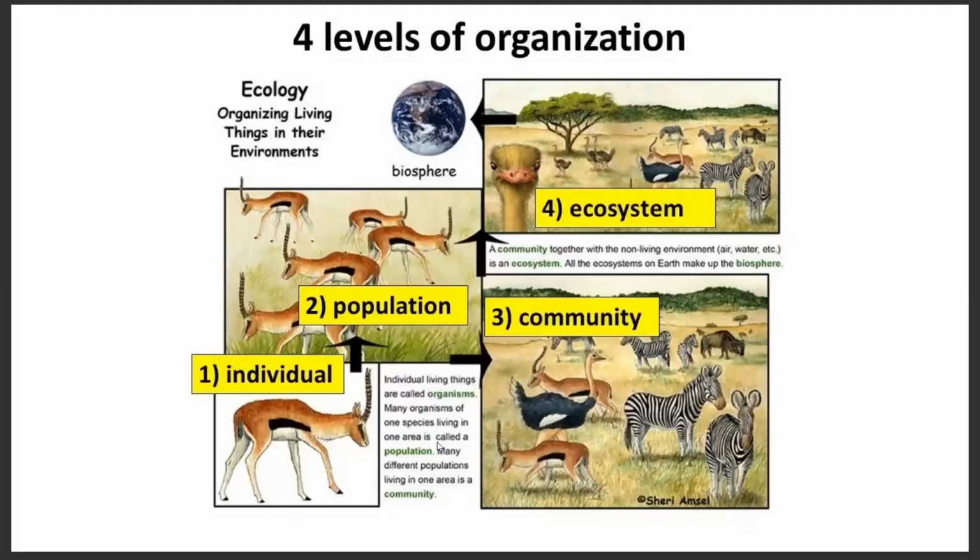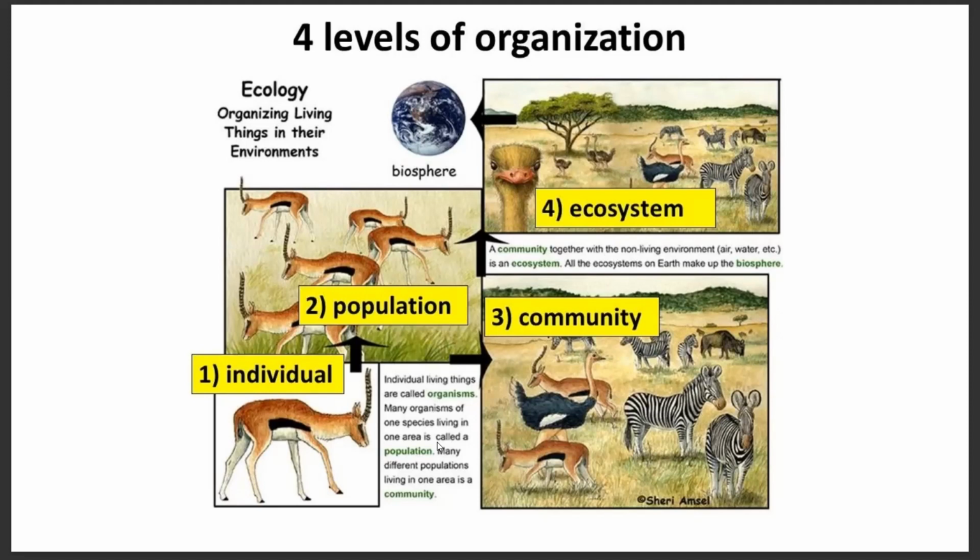Right, now we are going to learn about the organization levels of the environment, right? So the levels of organization include individual, population, community, ecosystem, and biosphere. Right, individual.